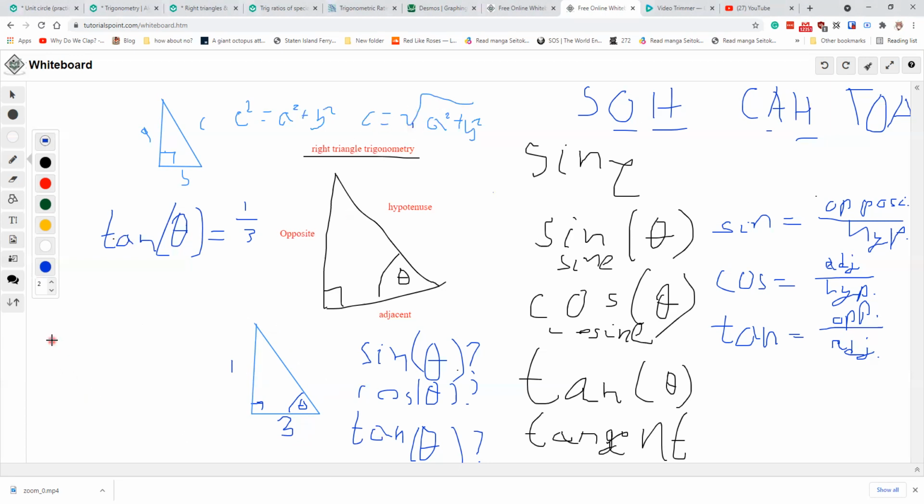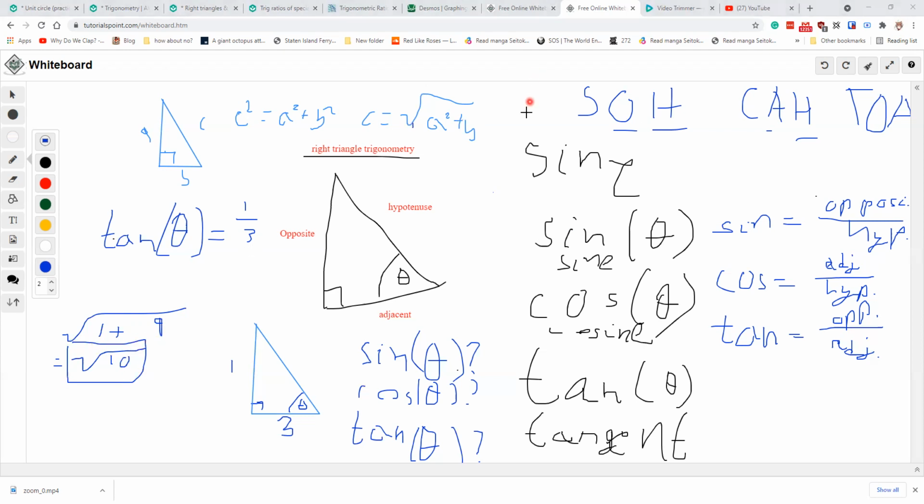So, the length of c is equal to the square root of 1 squared, which is 1, plus 3 times 3, which is 9. So this is the square root of 1 plus 9, which is the square root of 10. This is the length of our hypotenuse.